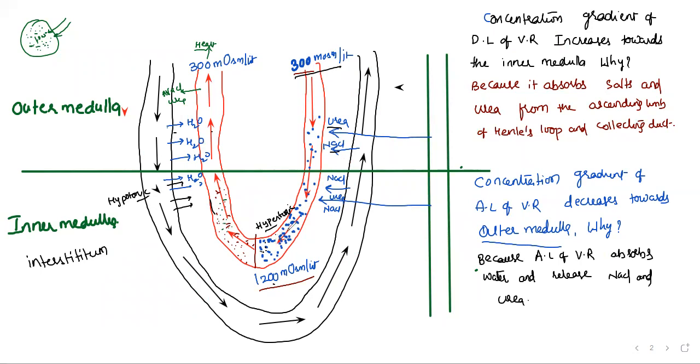This gradient is mainly caused by these two, sodium chloride and urea. Sodium chloride is transported by the ascending limb of Henle's loop, which is exchanged with the descending limb of vasa recta. Yes, they are given to the descending limb of vasa recta.